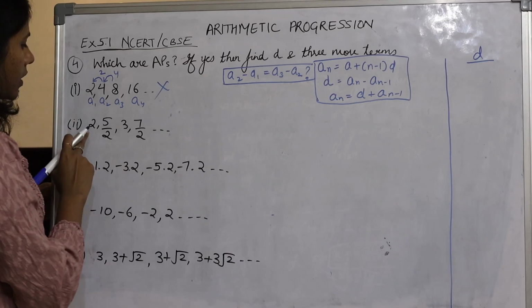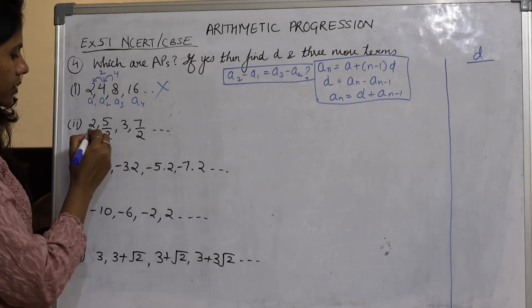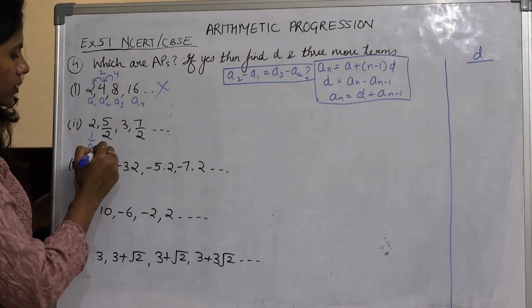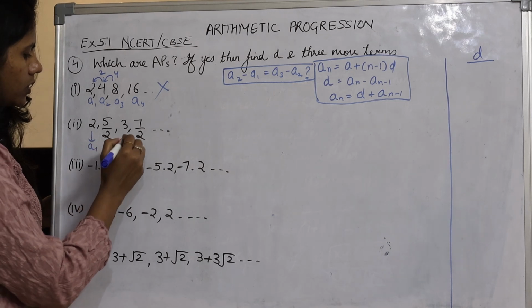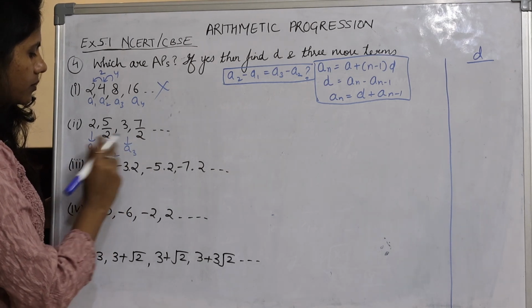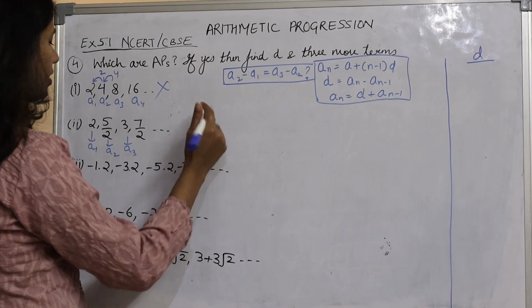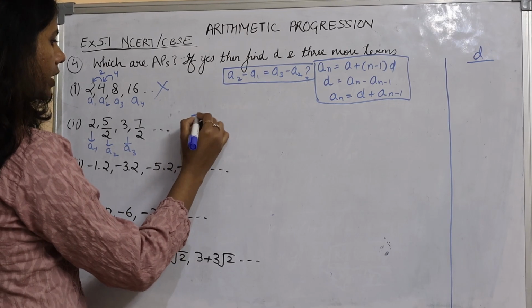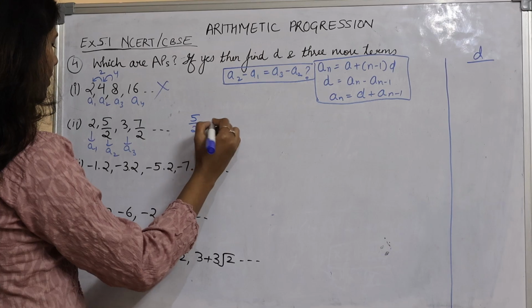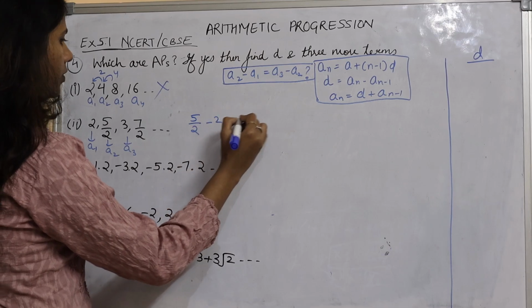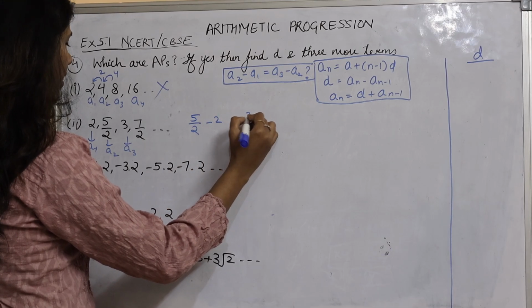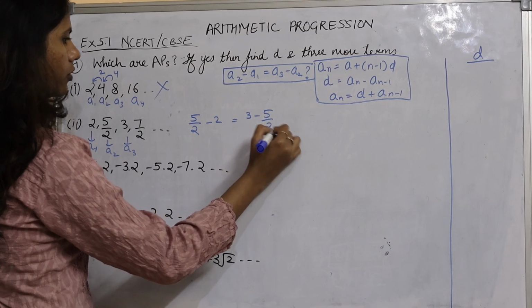Now here, this one, again, this is A1, this is A2, this is A3. So using this formula, is A2 minus A1, 5 by 2 minus 2, equal to 3 minus 5 by 2 or not?